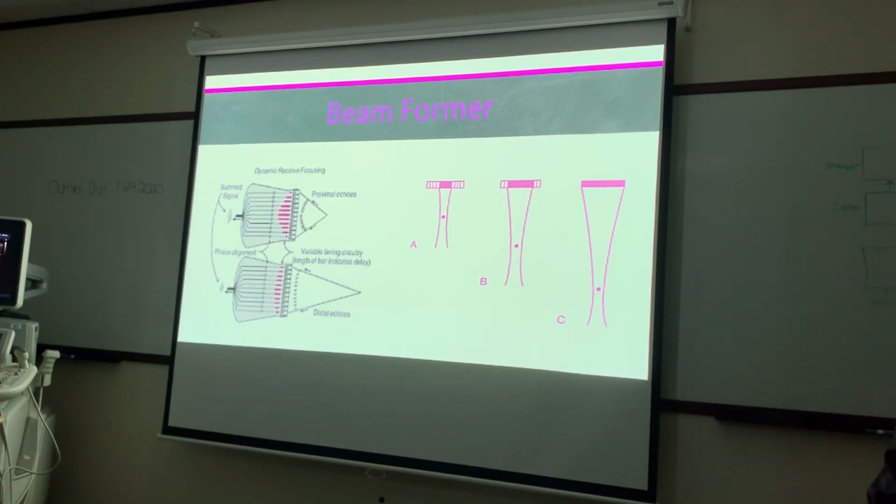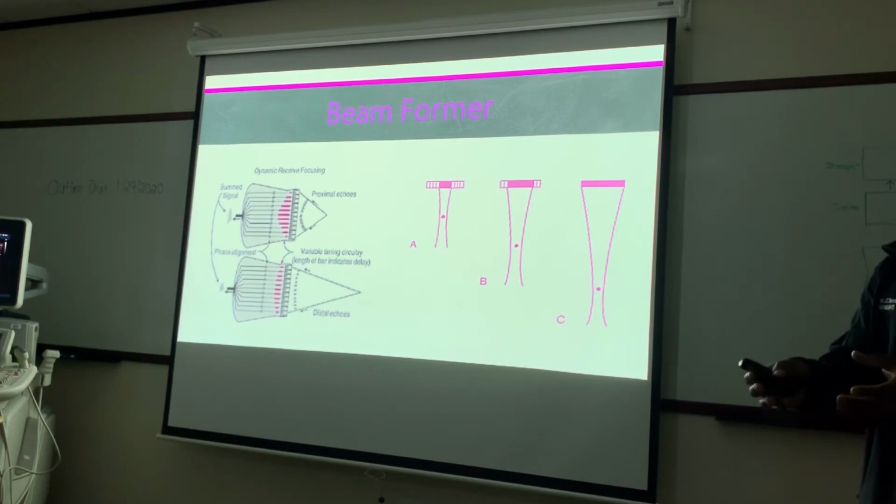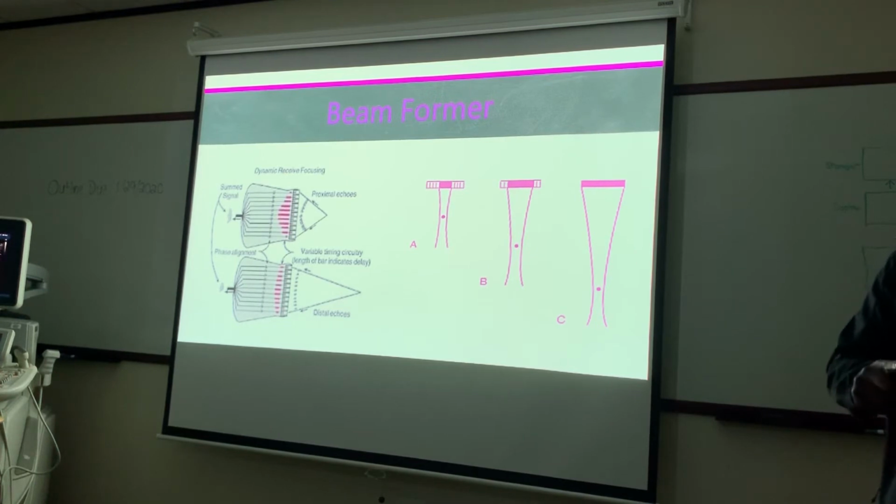So during transmission, what is it controlling, guys? During transmission, what is the beamformer doing? No trick question. No wrong answers. It's sending signals, but it's controlling those complex signals, so it's effectively controlling focusing.